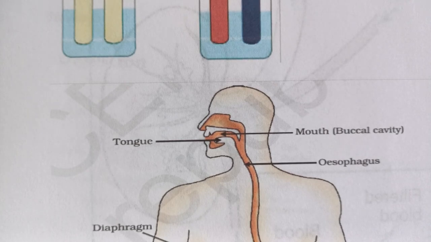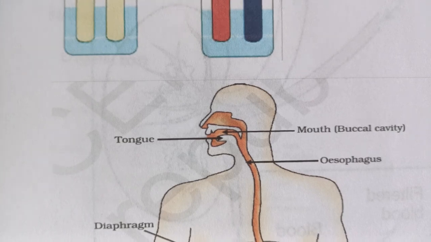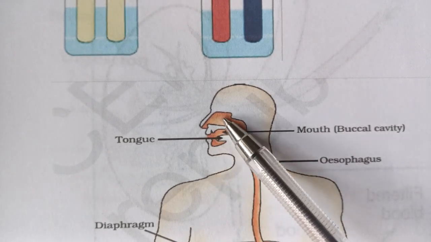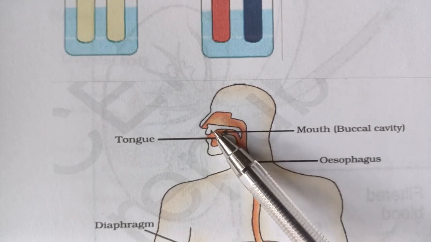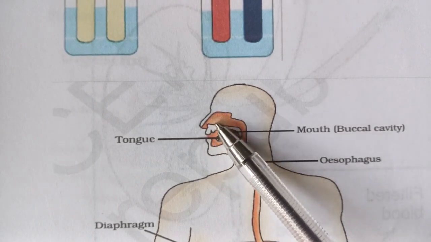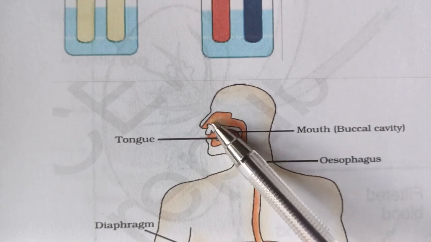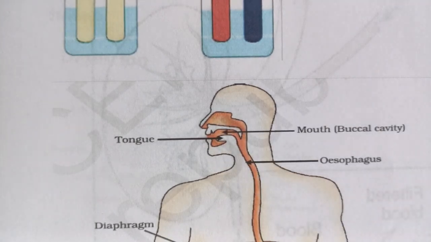The food is mixed thoroughly with saliva and moved around the mouth while chewing by the muscular action of the tongue. The saliva is mixed in it, so the combined action makes it smooth. The salivary amylase starts acting on it to convert starch into glucose.